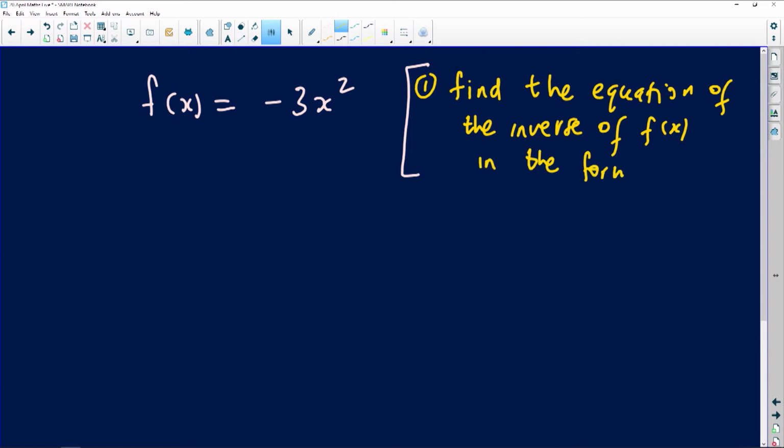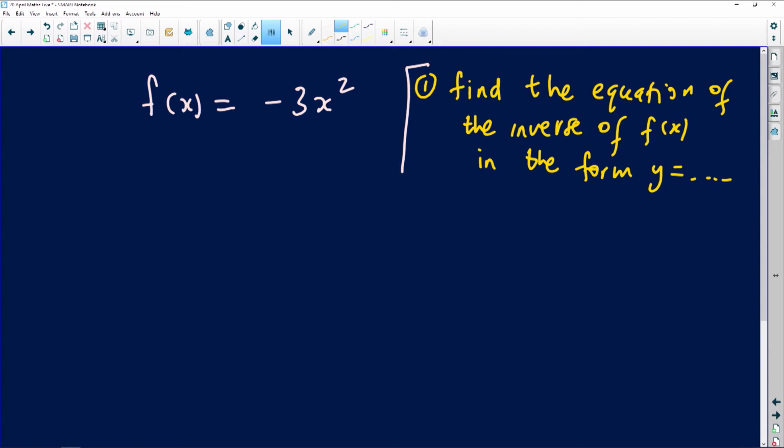You must respect examiners. They get very upset if you guys don't follow their instructions. So when they say in the form y equals to whatever, you must respect that. And there's a reason why they would want you to write it in a form y equals to something. I know we just take things for granted sometimes, but there's a flaw in always calling everything f. You can't keep calling things f of x, because you guys sometimes call relations that are not functions f of x.